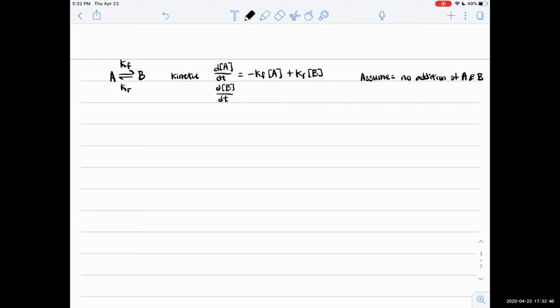Because of that, the change in the concentration of B is just the negative of the change in concentration of A. So it's going to be Kf times the concentration of A minus Kr times the concentration of B. Lastly, we get another piece of information from this assumption: if you add all the molecules of A and B, that's the total in the system, and this total doesn't change because we are not introducing or removing A or B in the system.